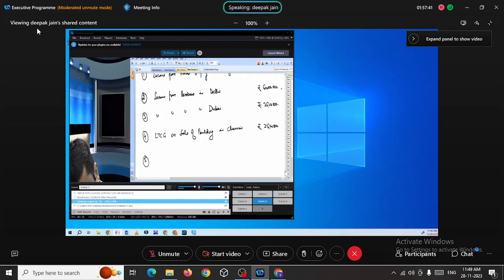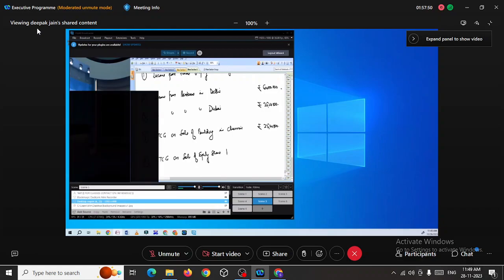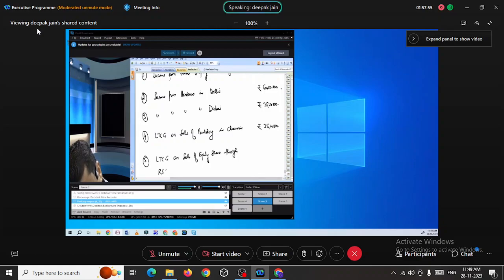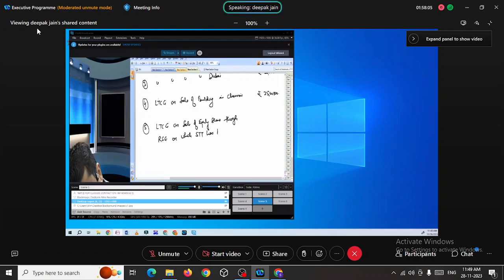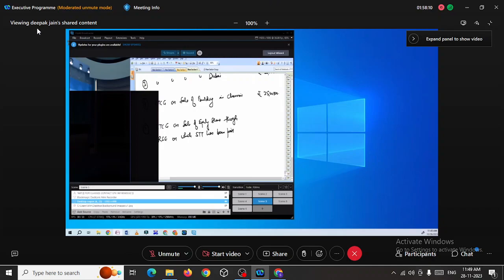Next, long-term capital gain on sale of equity shares through recognized stock exchange. RSE means recognized stock exchange, on which STT has been paid, rupee 21 lakh.